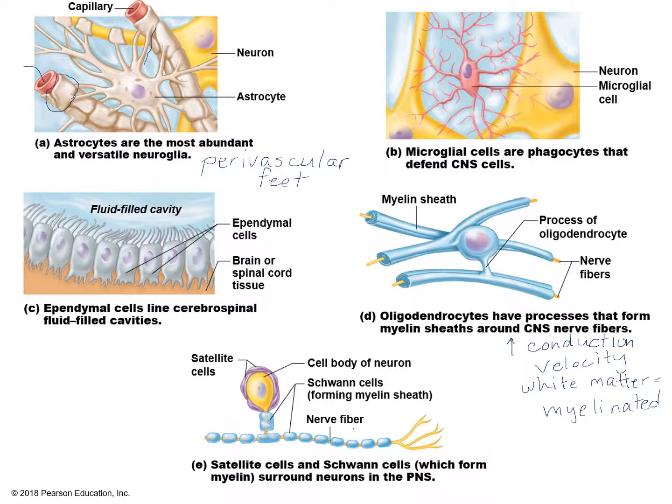So this is how nutrients and gases are delivered to tissues, and then other gases and waste products are picked up by capillaries. The perivascular feet help to seal off intracellular clefts between the endothelium cells of the capillaries, and that helps to provide a line of defense between the blood supply and the brain. So it's basically a protective function for the brain, and that again is part of the blood-brain barrier.